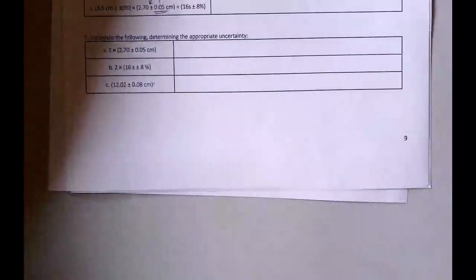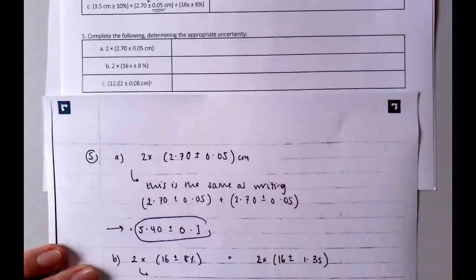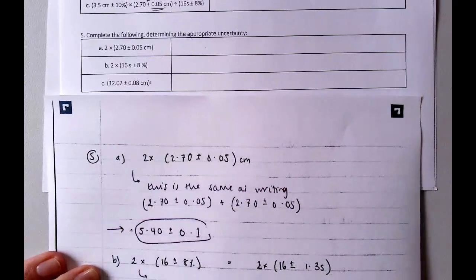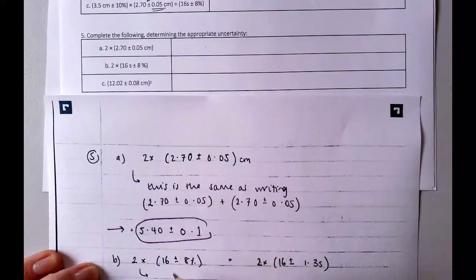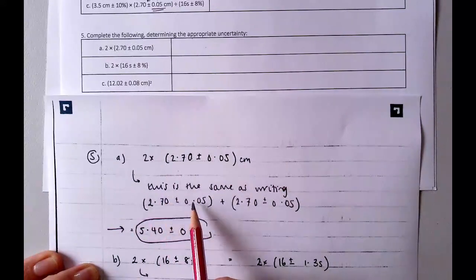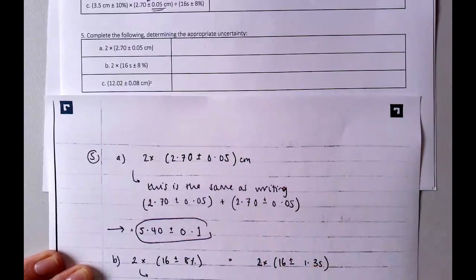Ooh, a bit wobbly. So question 5, we've got two lots of 2.7 plus or minus 0.05. Now think about it, we could actually express this multiplication as an addition. If we've got two lots of this, that's the same as writing 2.7 plus or minus 0.05 plus 2.7 plus or minus 0.05.